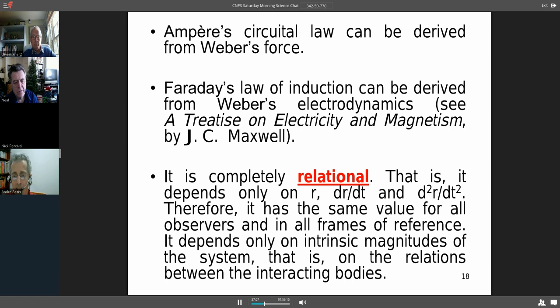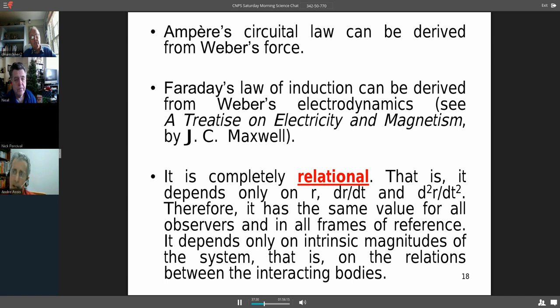It depends only on intrinsic magnitudes of the system, that is, on the relations between the interacting bodies. The observer does not appear here. The frame of reference does not appear here. Only the relative distance, relative velocity, and relative acceleration between the interacting particles.